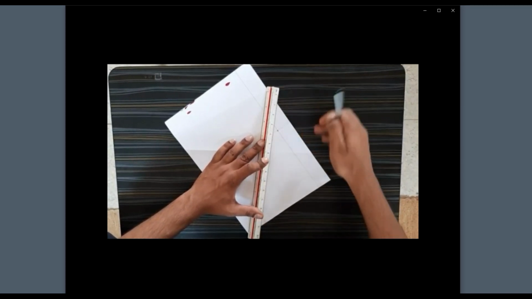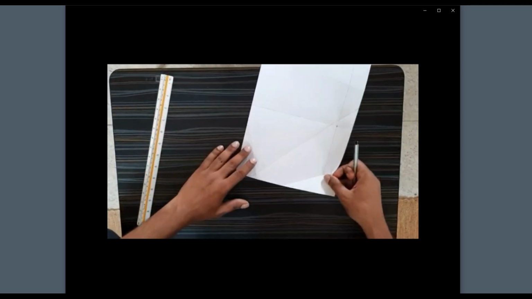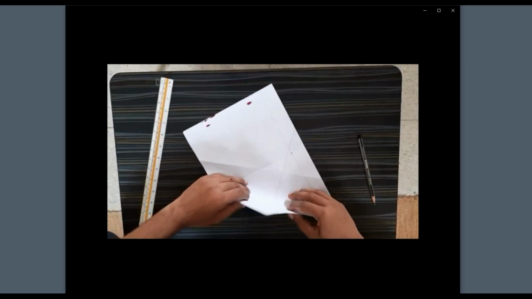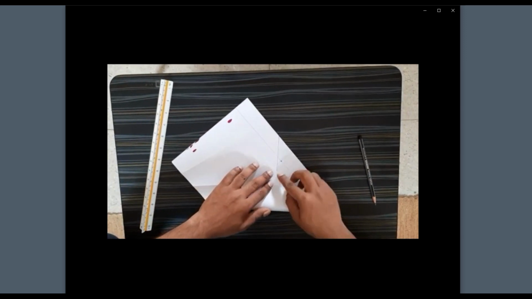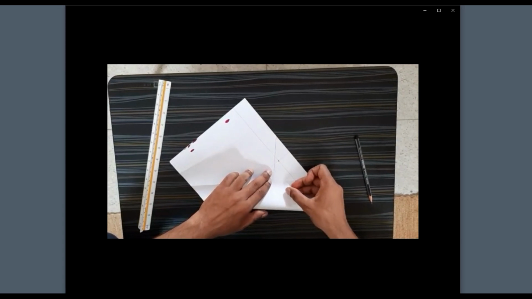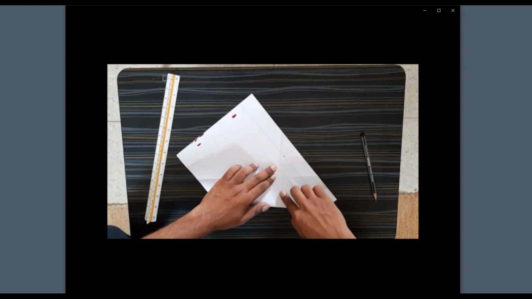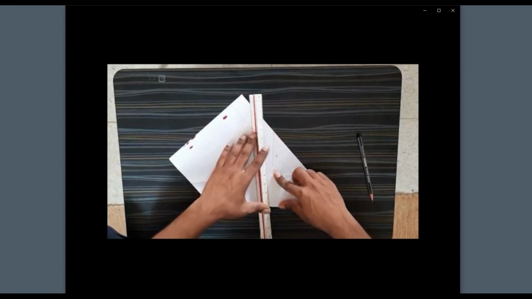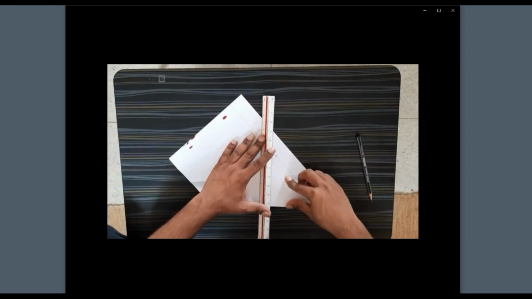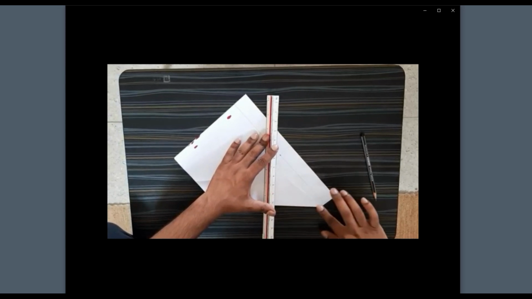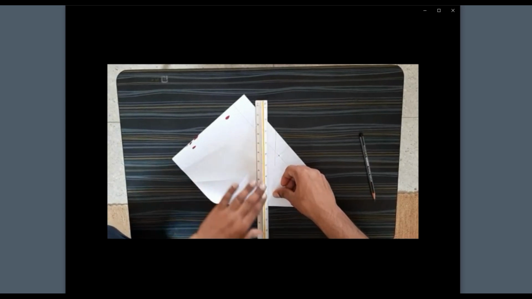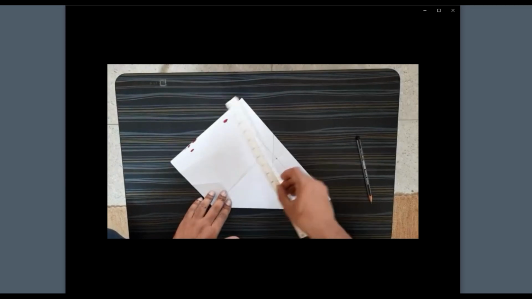We have our slanting crease and I drew a line on that. And next, I'm folding in such a way. Why does this work? I'll explain. So I'm checking if everything is straight. It will be straight, just not very visible to show it to you guys. It's very light actually.